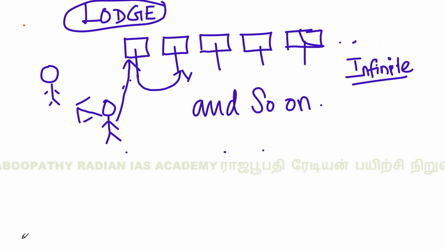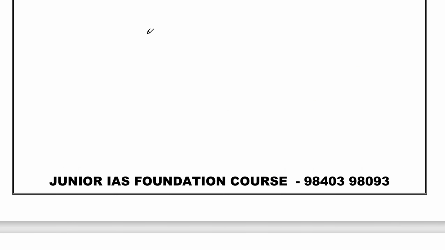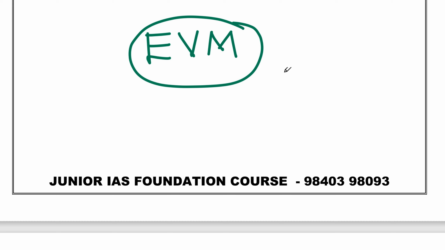Next, move on to what is EVM? Now we'll see general knowledge, especially polity regarding elections, the basics of elections. EVM is an abbreviated term. What is the expansion of EVM? Very good. EVM is an electronic voting machine.